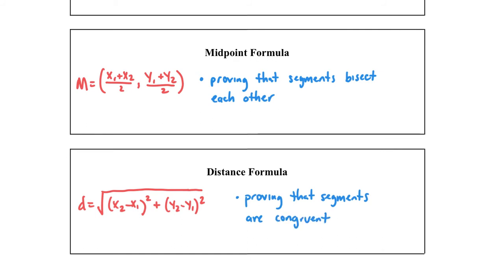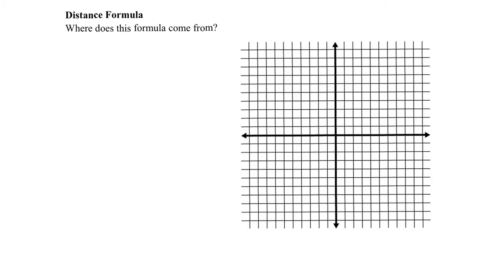Okay, so where does this thing come from? Let's take a look at something here. Let's just pick two random points on here. I'm going to put a point here, and I'm going to put a point over here. I'm going to call this point (x1, y1), and I'm going to call this point (x2, y2).